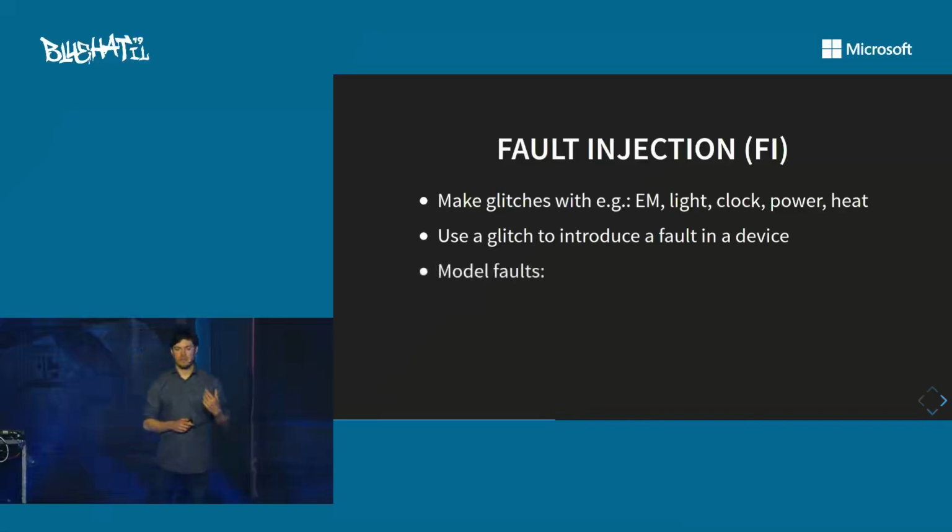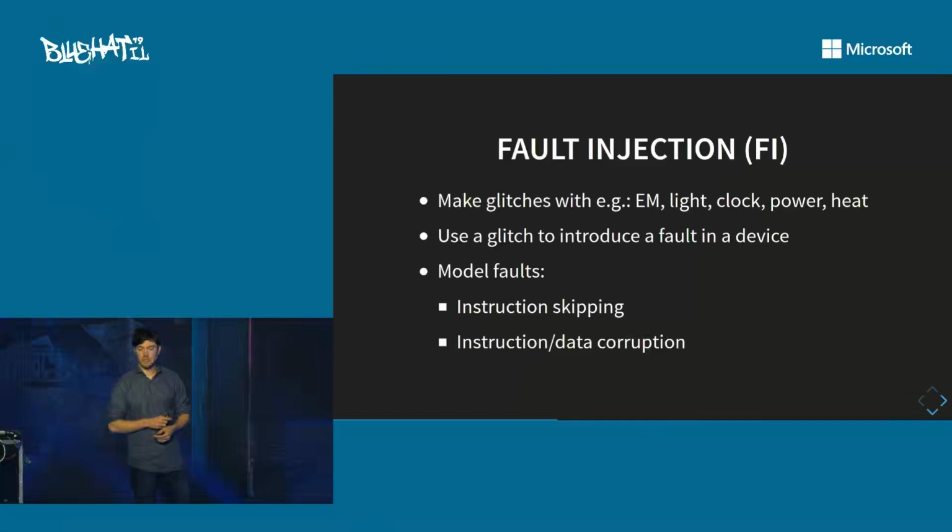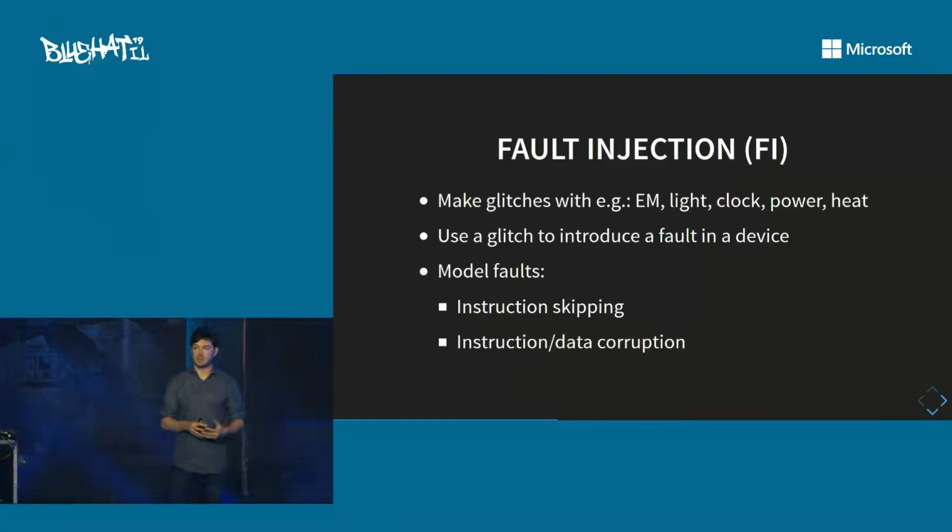And typically, we can model these faults as, let's say, something like instruction skipping. So pretending that this fault will skip an instruction. So, for instance, in the hash bypass case, perhaps the branch instruction was skipped. We have also another model called instruction and data corruption.